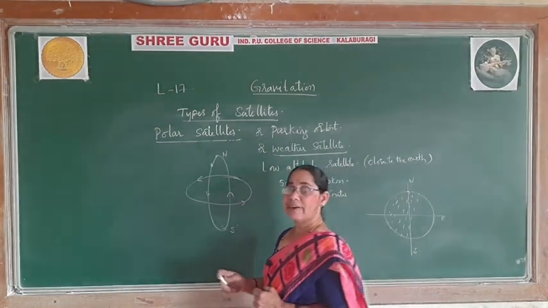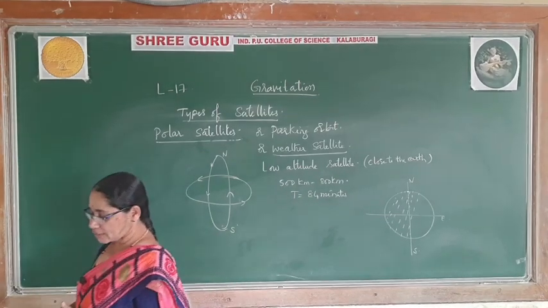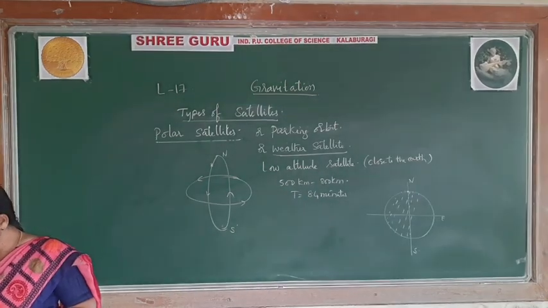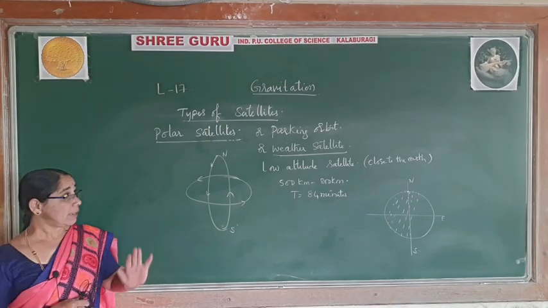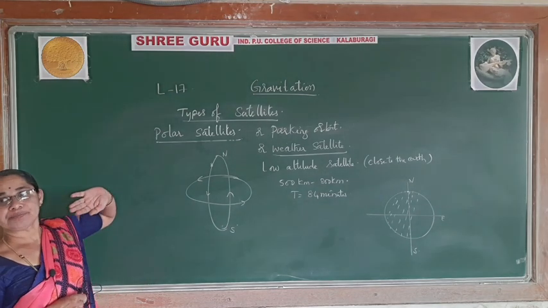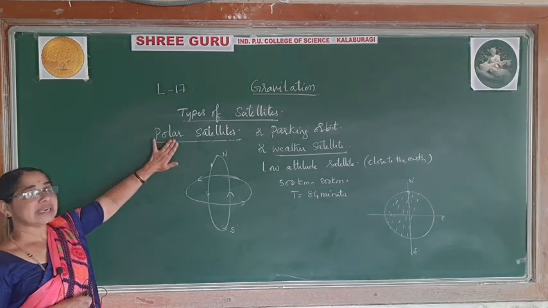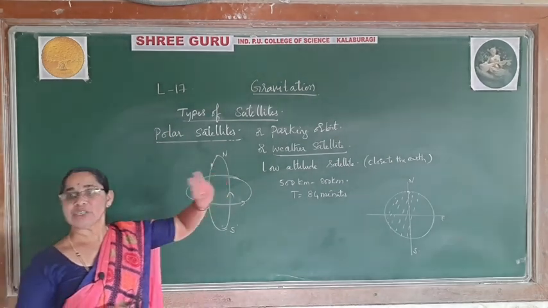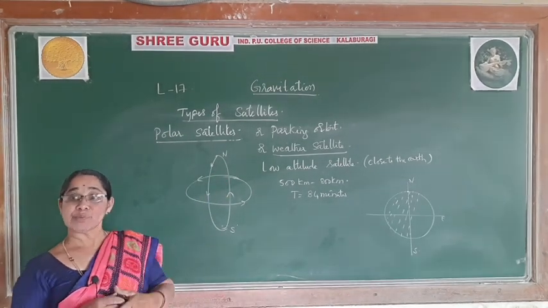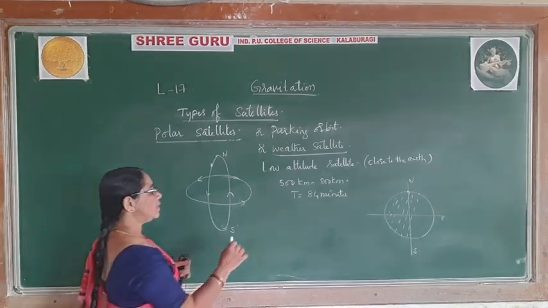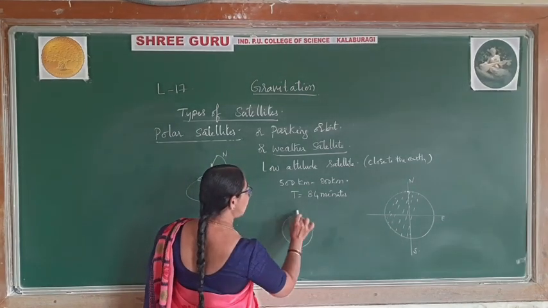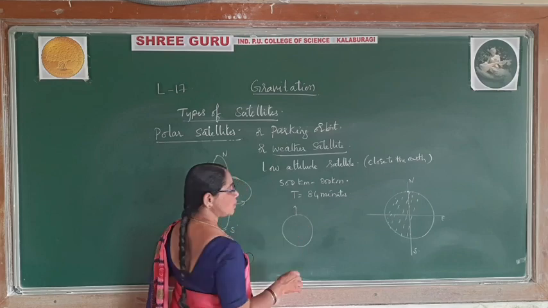So this is the polar satellite which is advantageous for us, where this job cannot be done by a geostationary satellite. As compared to a geostationary satellite, whatever the polar satellite does cannot be done by a geostationary one, because it is moving around the earth. If the antenna is fixed here, it will be fixed in the vertical direction.